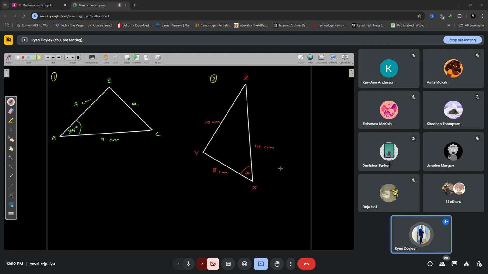All right, Kadeen, you're up. Which variation of the cosine formula do we use? The a squared equals b squared plus c squared. What else? Minus 2bc, b something.